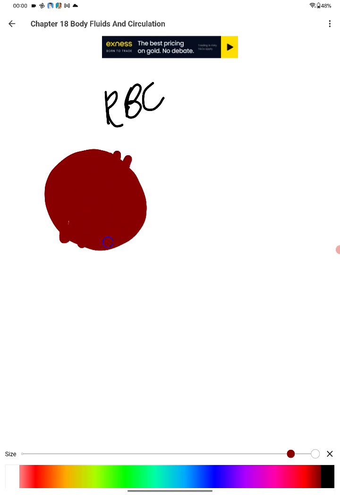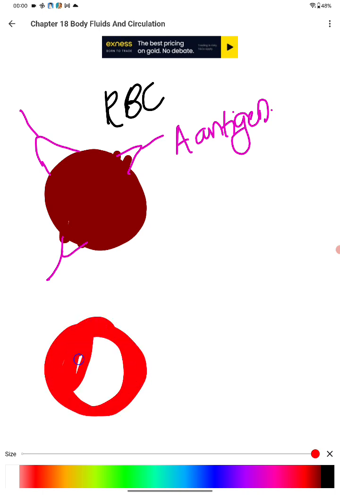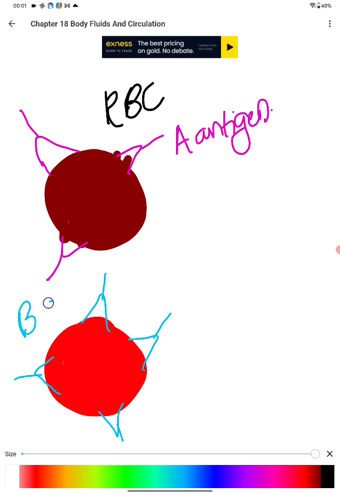The RBC is having some antigen. Suppose this pink color is A antigen. One more RBC is there. Let's take blue color. This is B antigen.